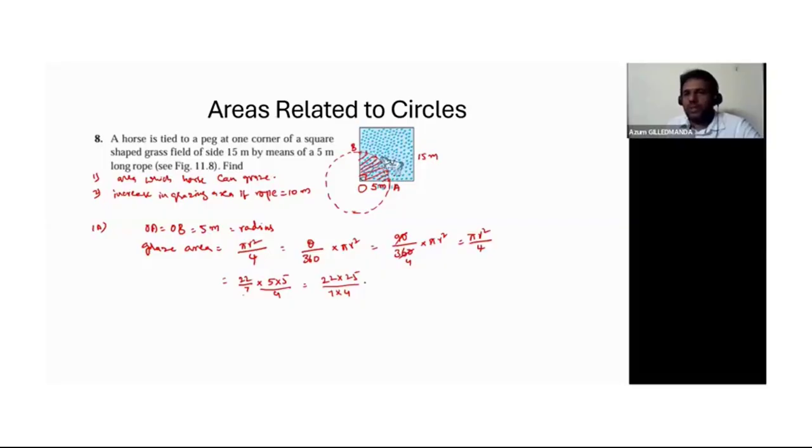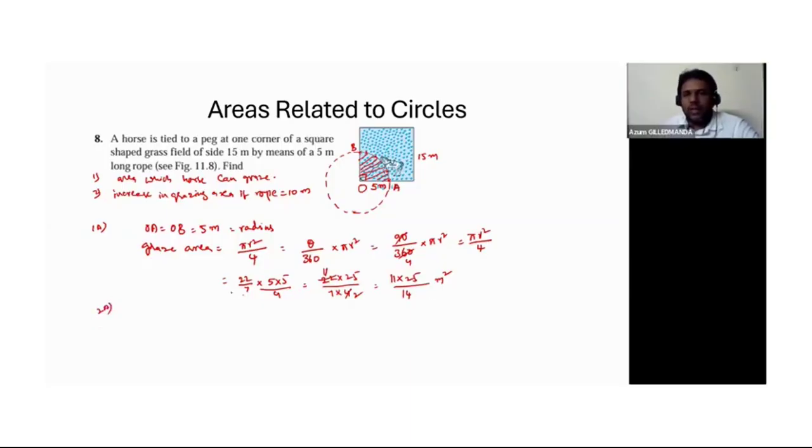For the best interest of time, I'm not spending time on the calculation, but if you do that, you will get the answer. Or I can simplify further: 2 ones and 2 11s, so this can be 11 into 25 by 7 into 2, which is 14. If you simplify, you'll get the answer. And as this is area, I should write the units as meter square. So this is the first one.